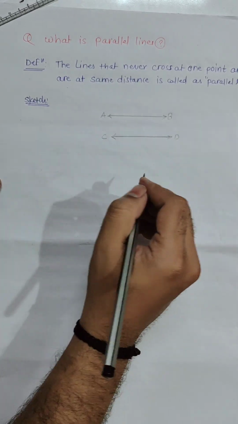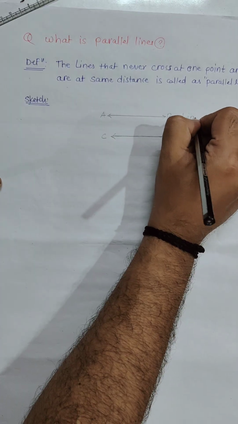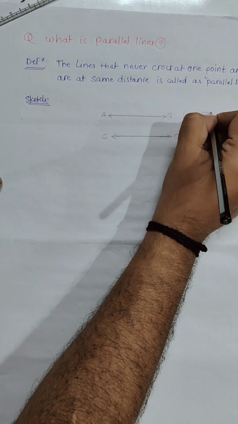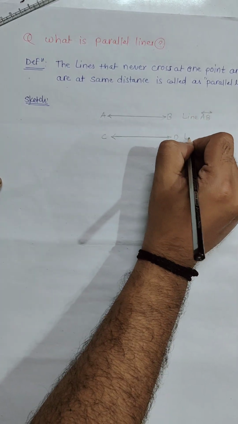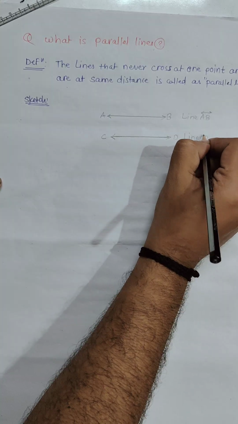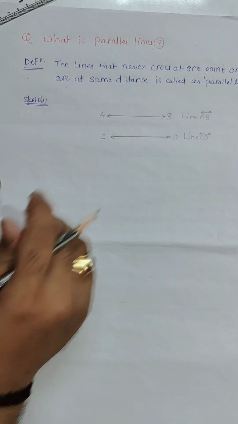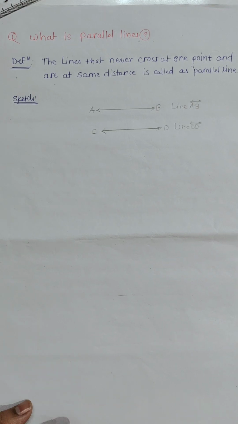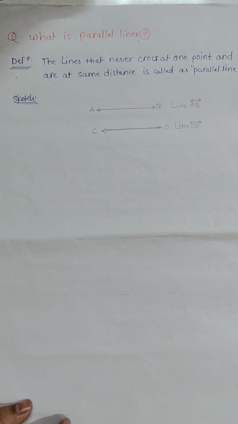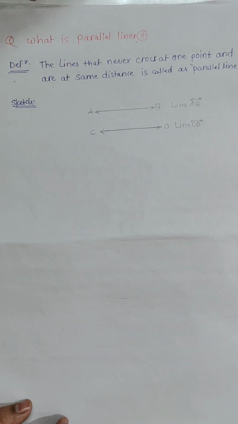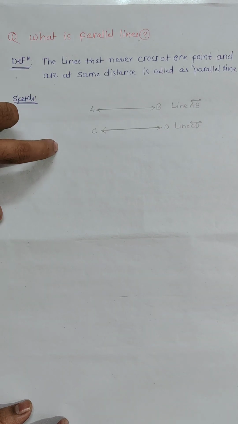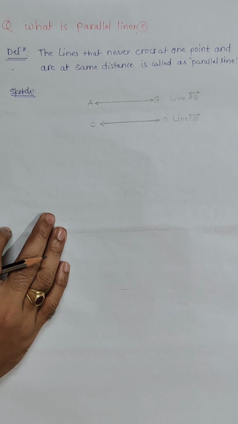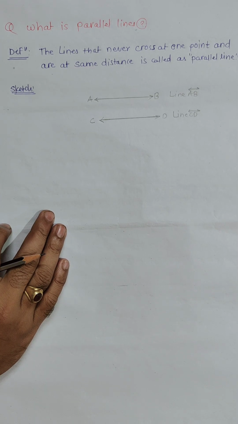Line AB and line CD are the two parallel lines. With the help of a ruler, we can draw the figure of parallel lines. Clear?